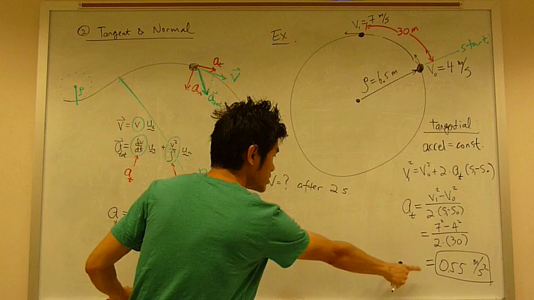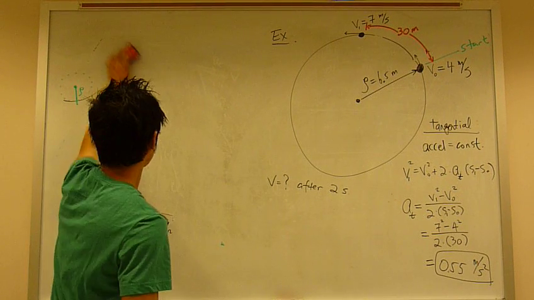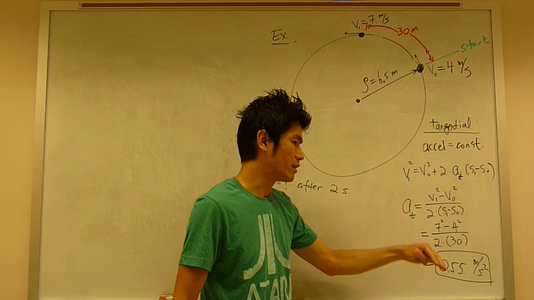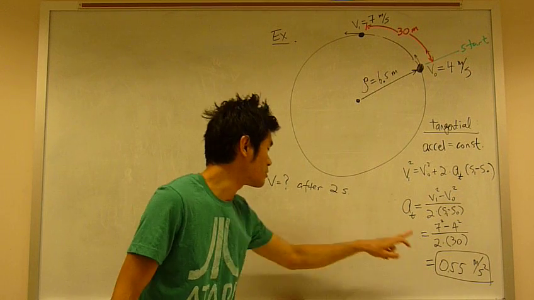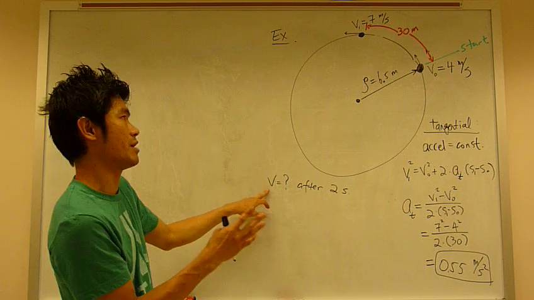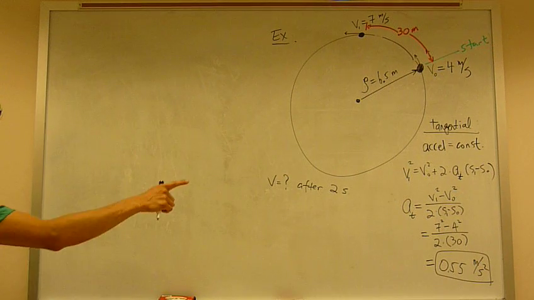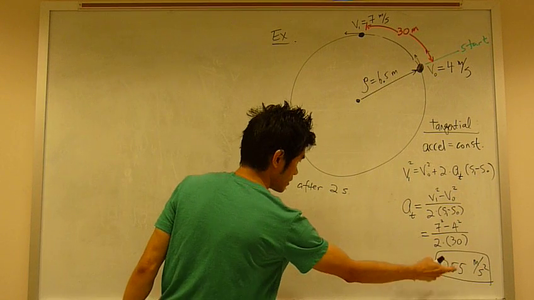Knowing the tangential component of acceleration, which is a constant value, we can use this to find the velocity at any instant in time along the path, as long as the tangential component of acceleration remains constant at 0.55.